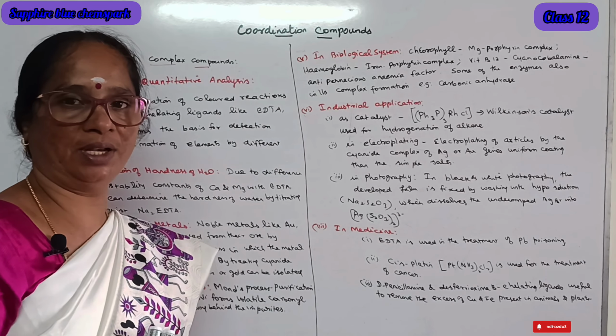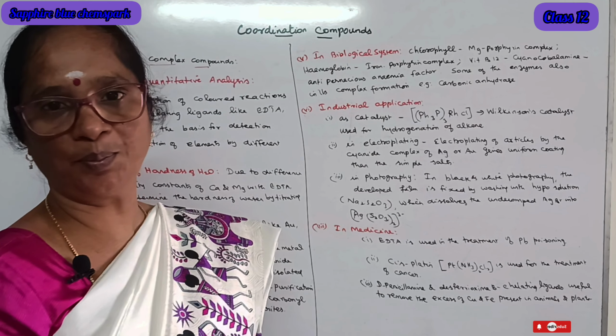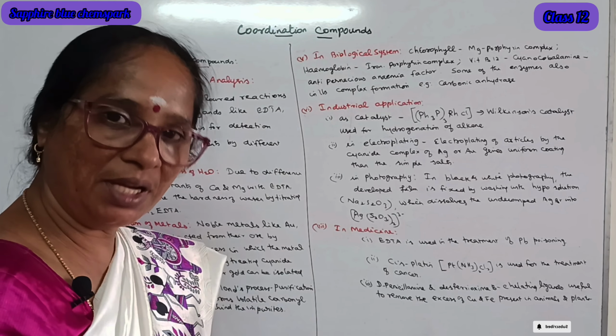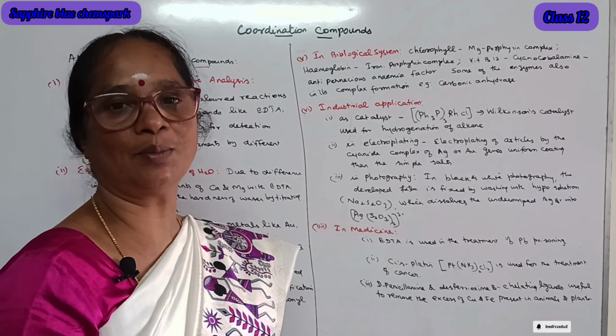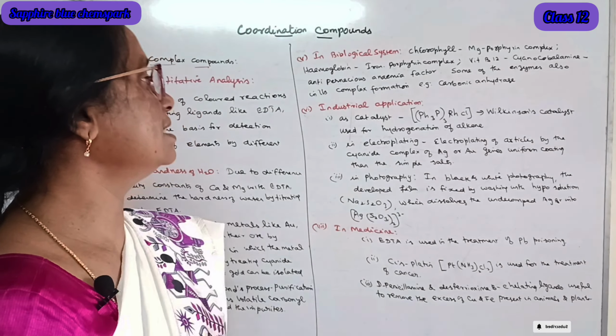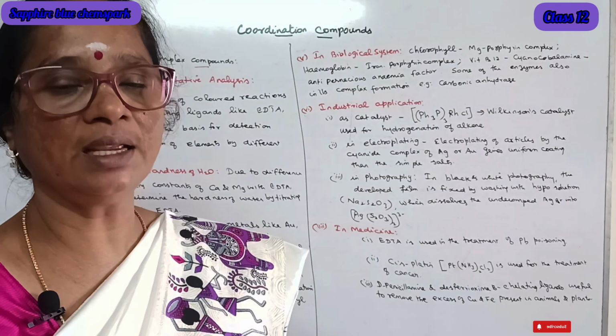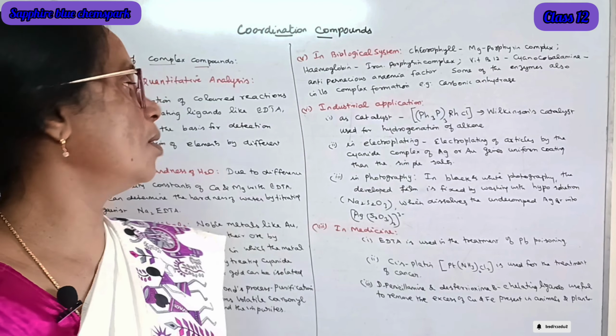Hemoglobin is also a complex compound of iron and porphyrin. Vitamin B12, that is cyanocobalamin, is also a complex of cobalt. Some enzymes like carbonic anhydrase also exist in the form of complex compounds.